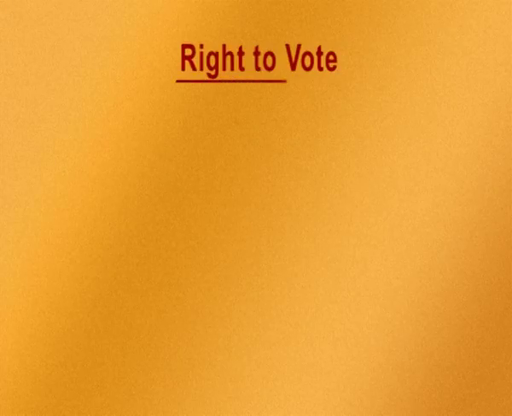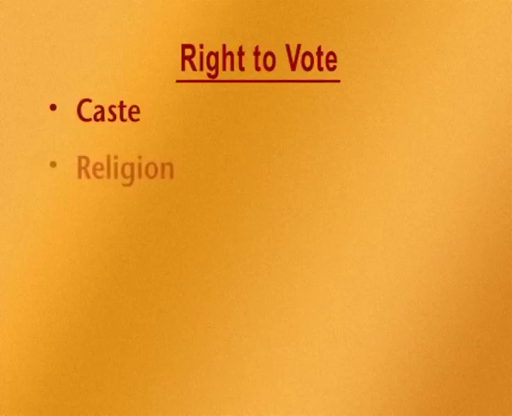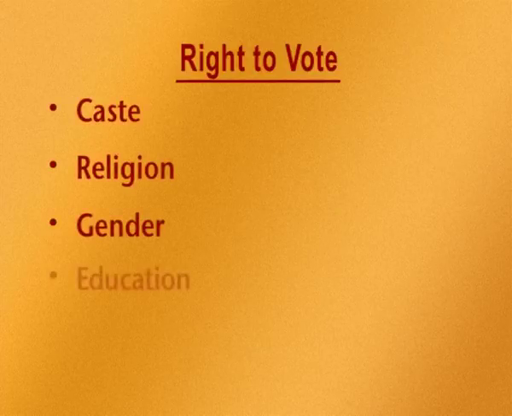Universal suffrage means that every citizen is eligible to vote at a certain age without discrimination on the basis of caste, religion, gender, education and income. All the other matters were discussed sophisticatedly.